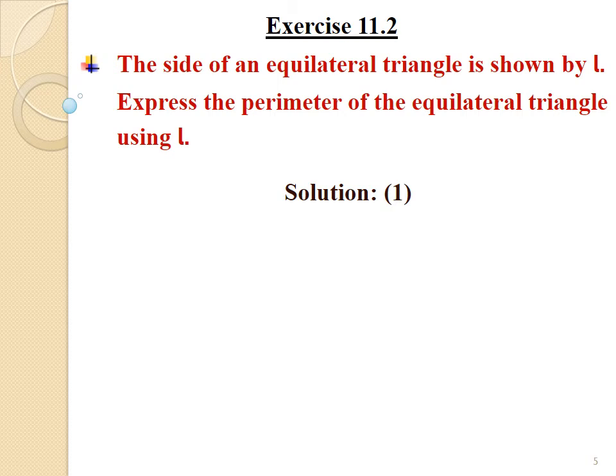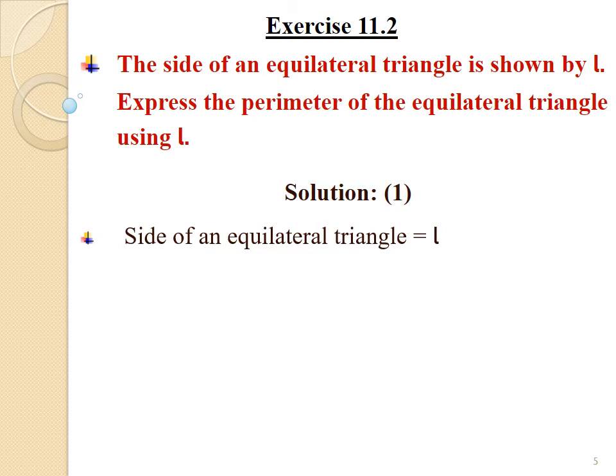Students, we also know that the perimeter of a triangle is the sum of the lengths of each side. Let the side of the triangle be L as it is given to us. The side of an equilateral triangle is shown by L, so we have to use L for the side of the equilateral triangle.